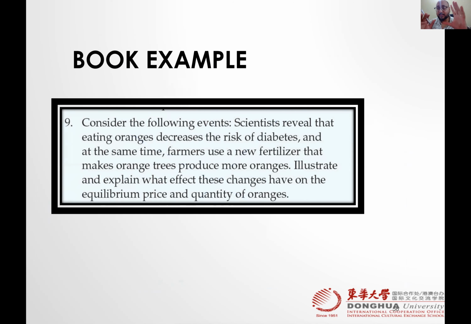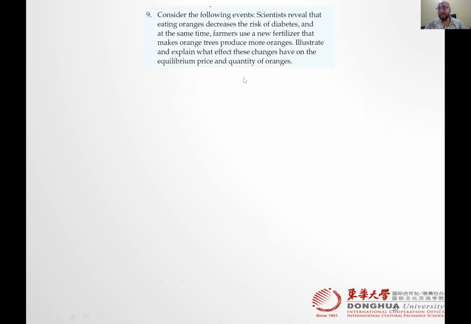Up till now, we just found out that this is a case of either demand or supply. But can it be the case of more? At the same time, demand is also disturbed and supply is also disturbed? Yes, my dear, we can do that. So, first of all, let's talk about the first part of the event: scientists reveal that eating oranges decreases the risk of diabetes.